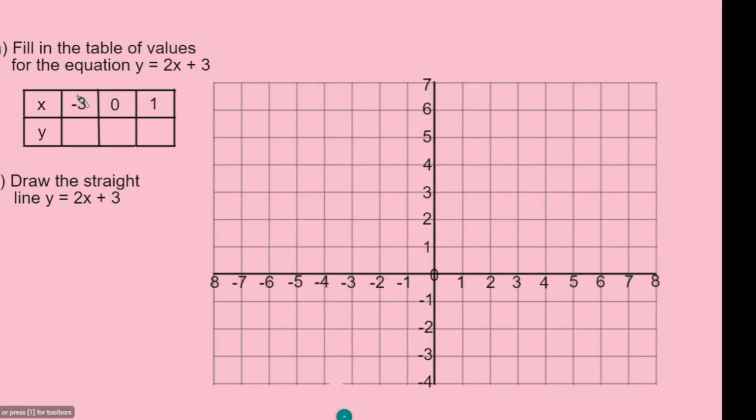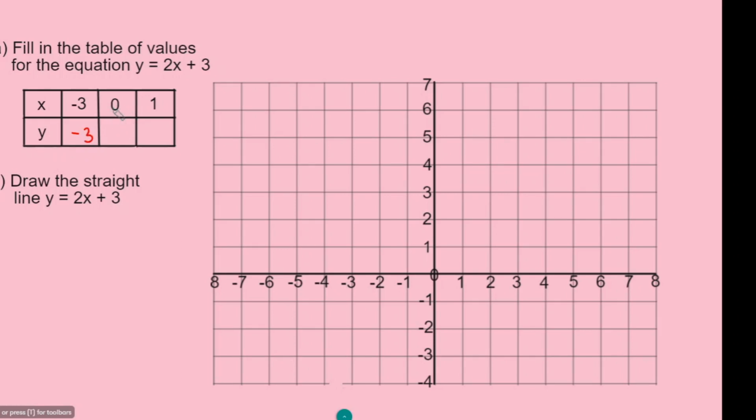In this second example, we've got to fill in this table of values with the equation y equals 2x plus 3. Like the first example we did earlier, we just need to use the values for x and substitute for x here to get the corresponding value for y. So let's get started. When x is minus 3, y becomes 2 times minus 3, minus 6 plus 3, and that's going to give you minus 3 here.